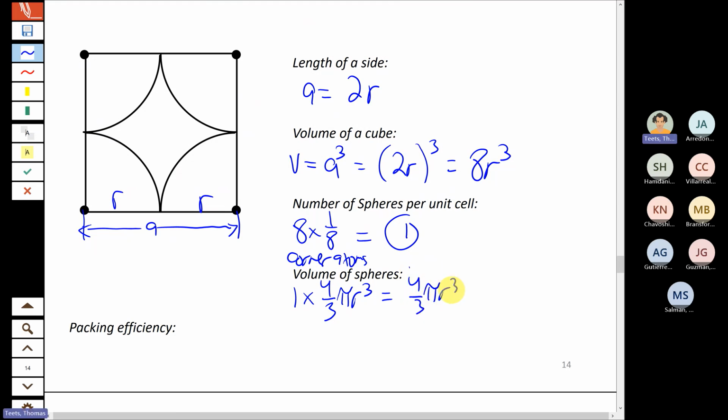So then if you want to define the packing efficiency, the percentage of the unit cell that is actually occupied by the atoms, you take the volume of the atoms, 4/3 pi r cubed, and you divide it by the volume of the cube, which is 8r cubed. So you just divide those two.